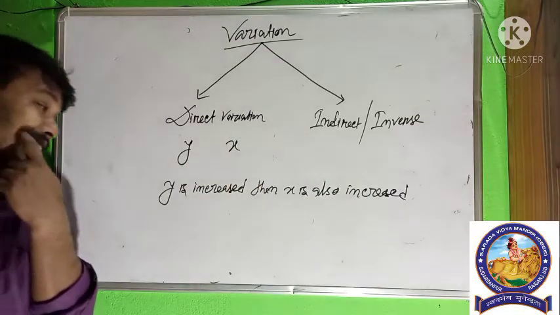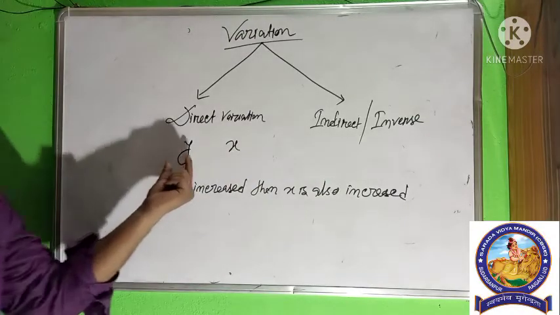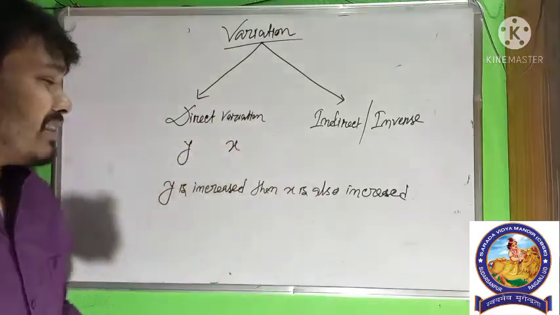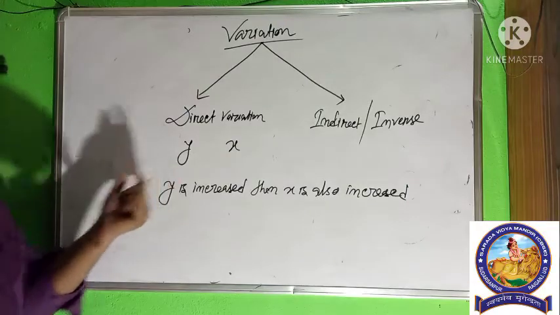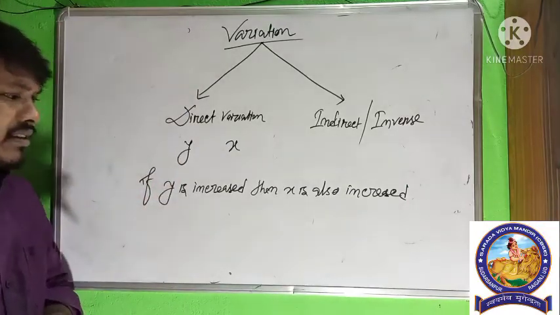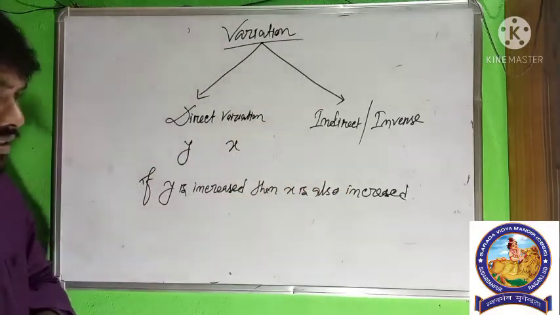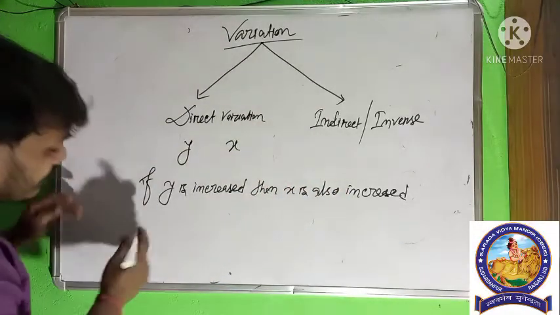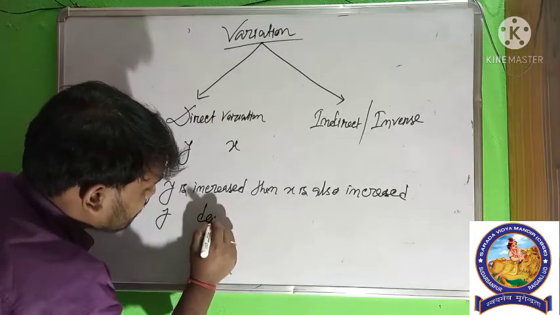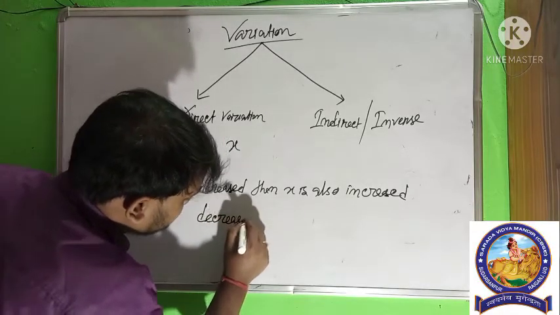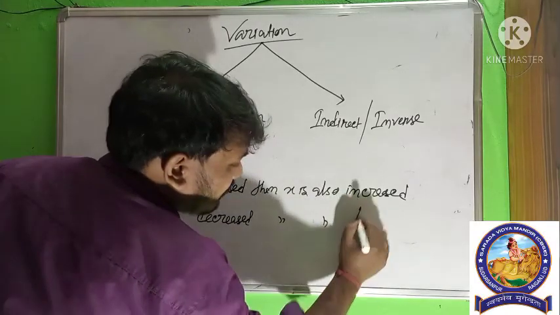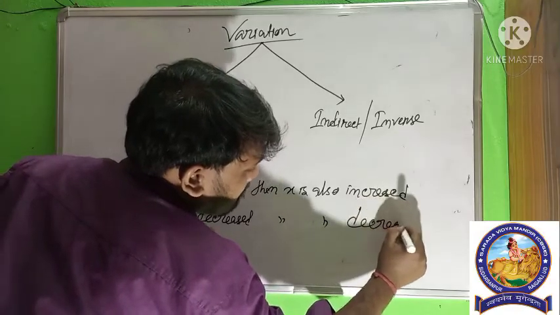So what is the relation? If the value of x is increased, then the value of the quantity y is also increased. Or if the value of the variable y is increased, then the value of x is also increased. Similarly, if the value of y is decreased, then the value of x also decreases.